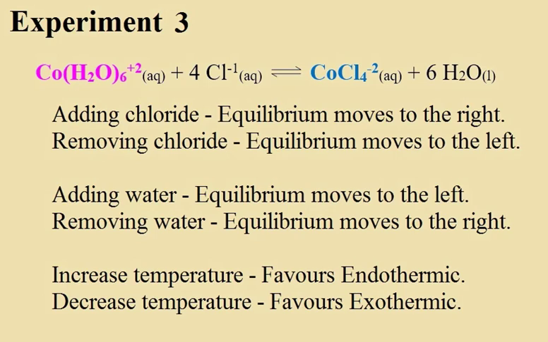Now in this experiment 3, you've also got to think about endothermic and exothermic reactions. Remember, when you put it in the beaker of hot water, you're supplying energy to the reactants, you're increasing temperature, and that always favours the endothermic reaction, because the endothermic reaction will use up that energy to compensate.